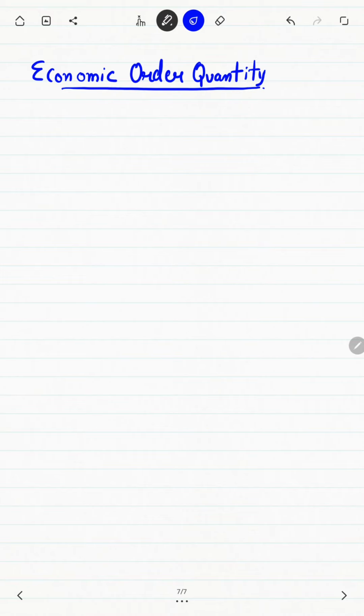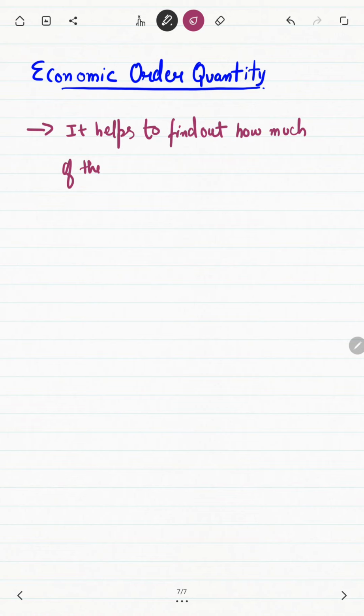This technique is used to find out how much of the inventory is to be ordered.